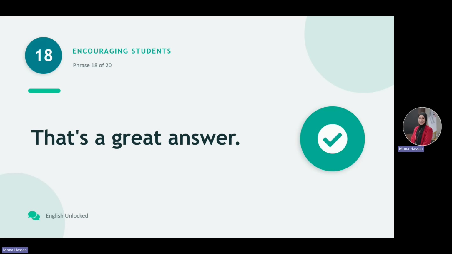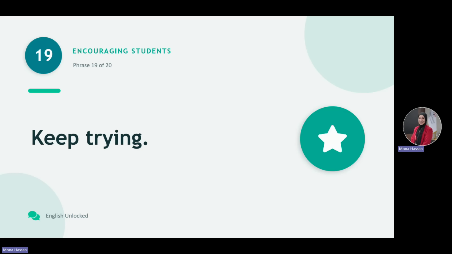Another expression also to acknowledge the good responses and to keep the students motivated is by saying, that's a great answer. Another phrase here is keep trying. And this one is used to encourage students who are struggling not to give up by telling them to keep trying.